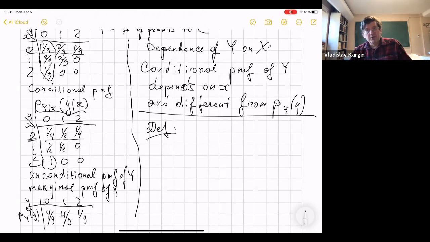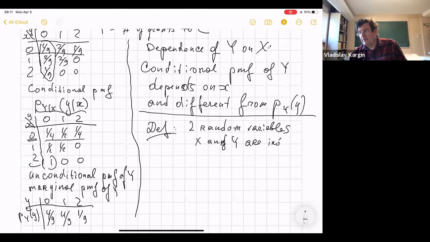here two random variables, but it could be generalized. So two random variables x and y are independent, right?